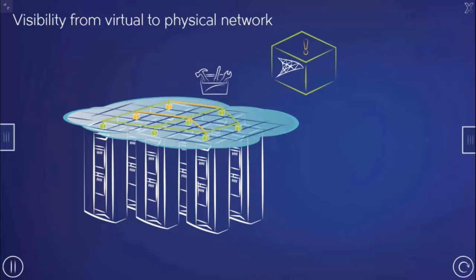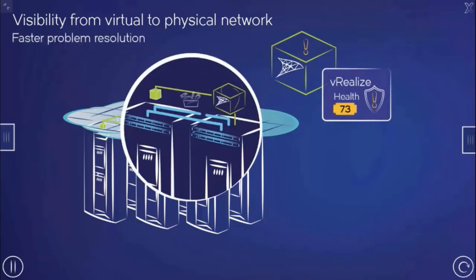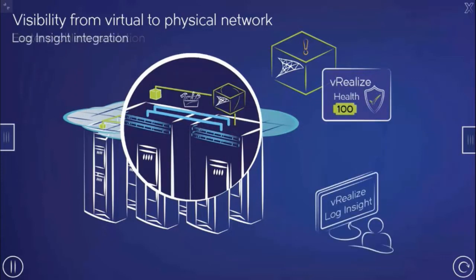With the integration of vRealize with NSX, you're able, from the virtual infrastructure, to go in and pinpoint exactly what the root cause is, and through Log Insight integration, the virtual infrastructure admin has visibility into log messaging on the physical network switches.